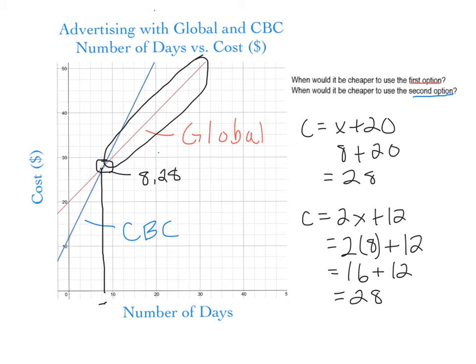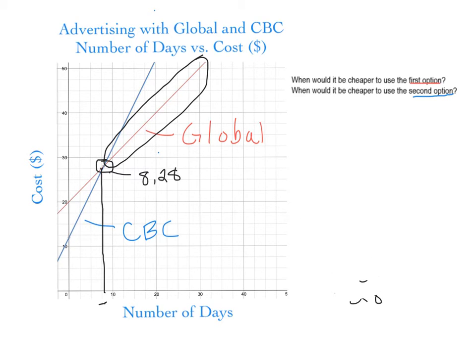Now I also know that global only goes up by $1 a day and CBC goes up by $2 a day. So it's a safe assumption that after this point, global is going to be cheaper. But if I want to check, I can again use the equations to do so. So I'll just get rid of these.